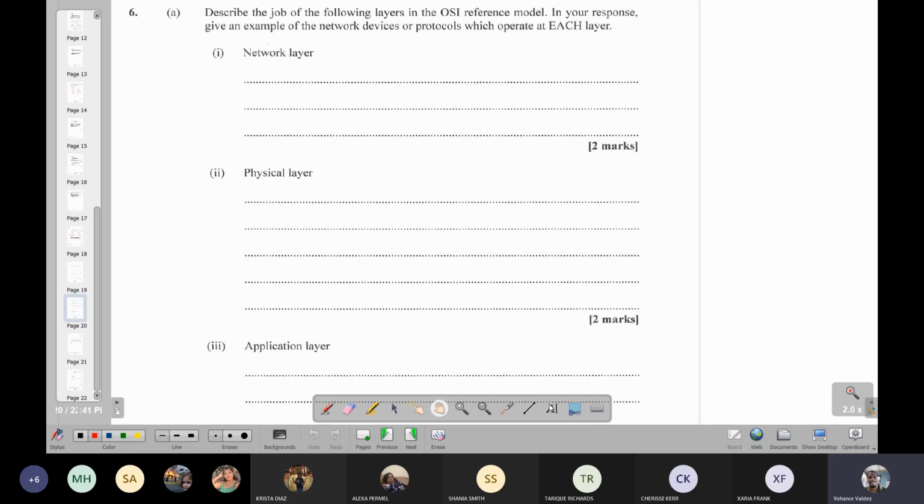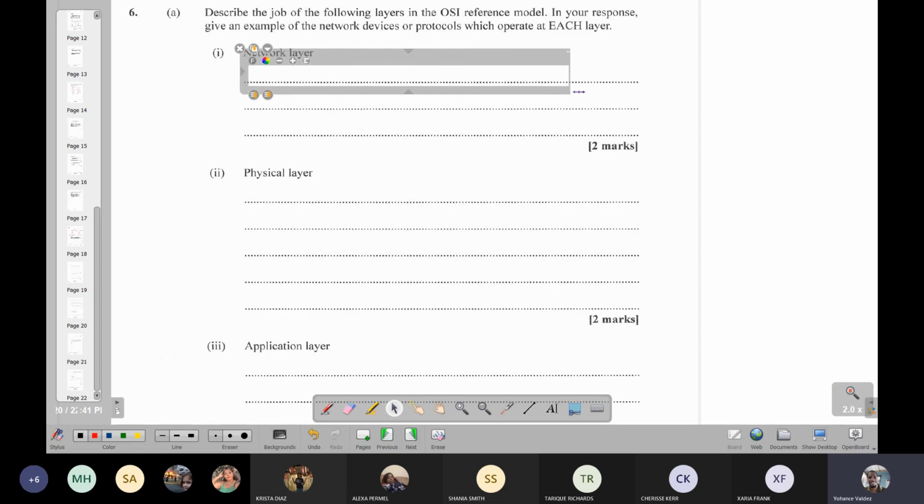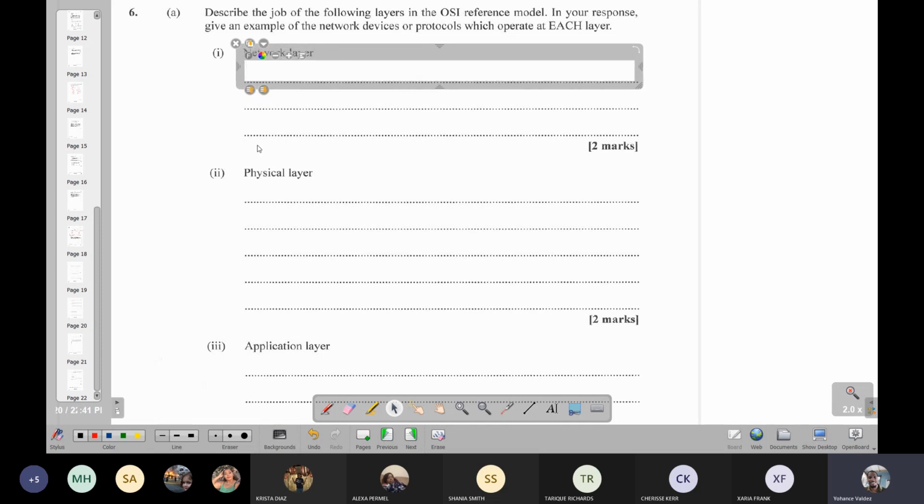So what goes on at the network layer, Shavish? Shavish is not responding. Sule? Network layer. What happens at the network layer, Shavish?